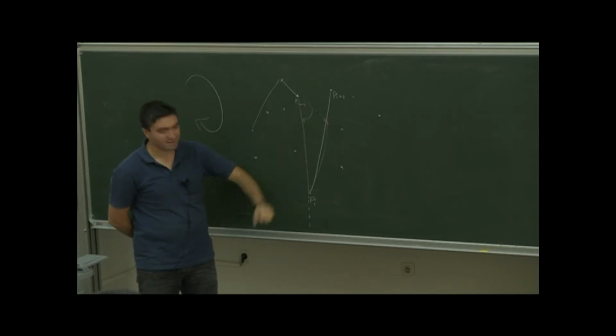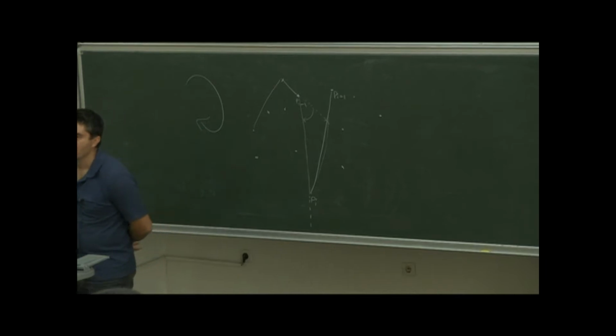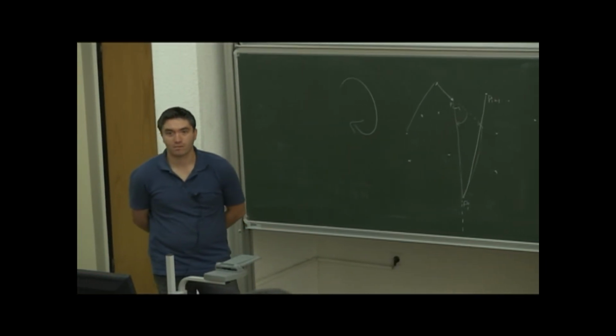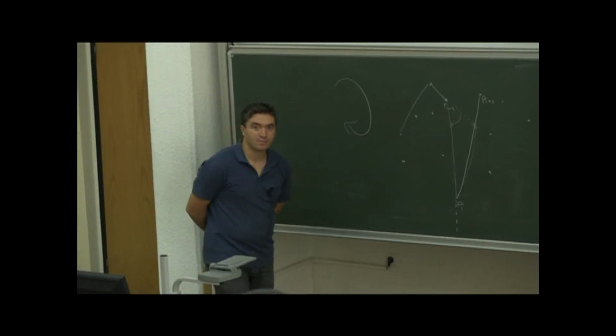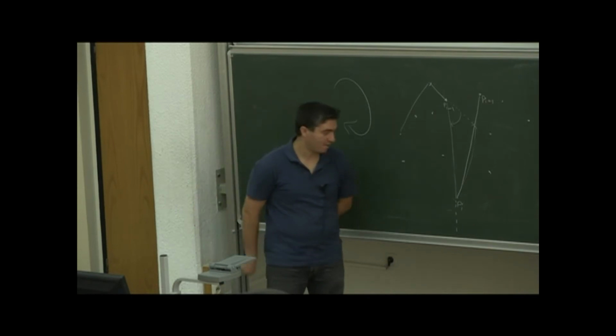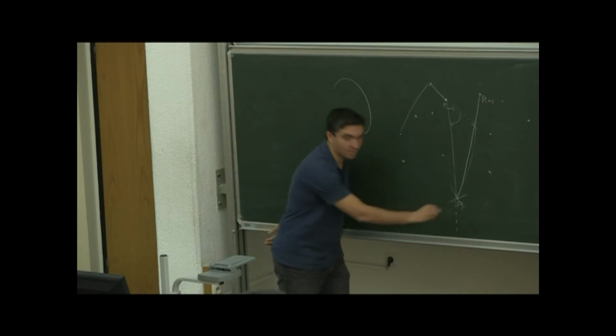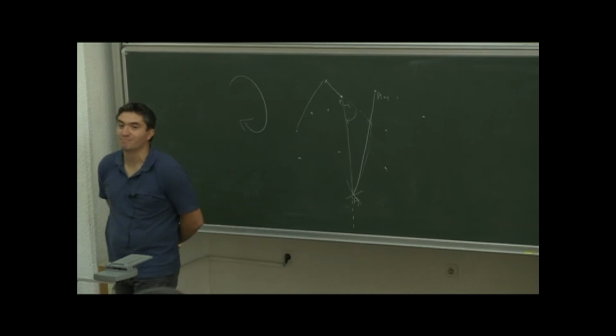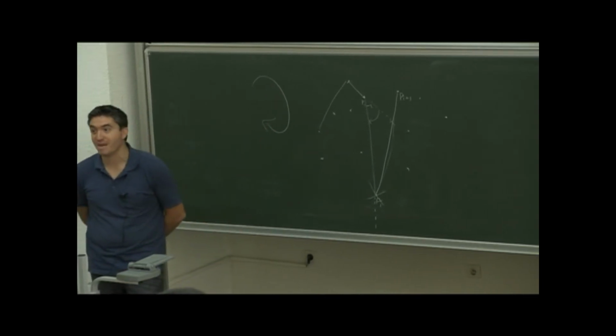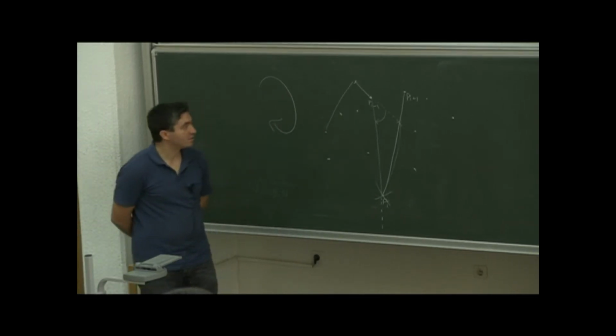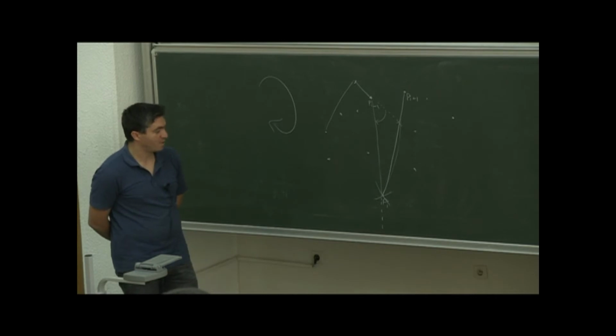The second edge is making a left turn. So the point we don't want on the convex hull is the middle point. If we are making a left turn, it shouldn't be on the convex hull.